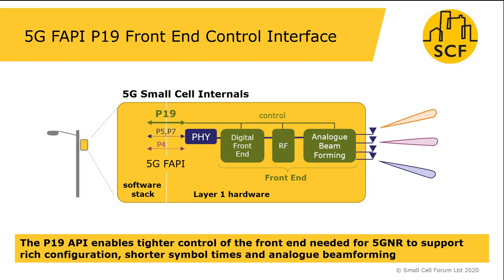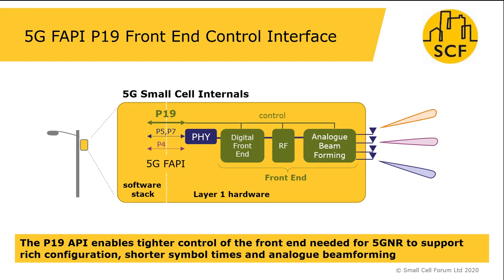This is a new interface protocol that is dedicated to the control and the configuration of the front-end assets, such as the RF, the digital front-end, and the analog beamforming blocks. The P19 document serves as a companion to the 5G FAPI P5 and P7 specifications.